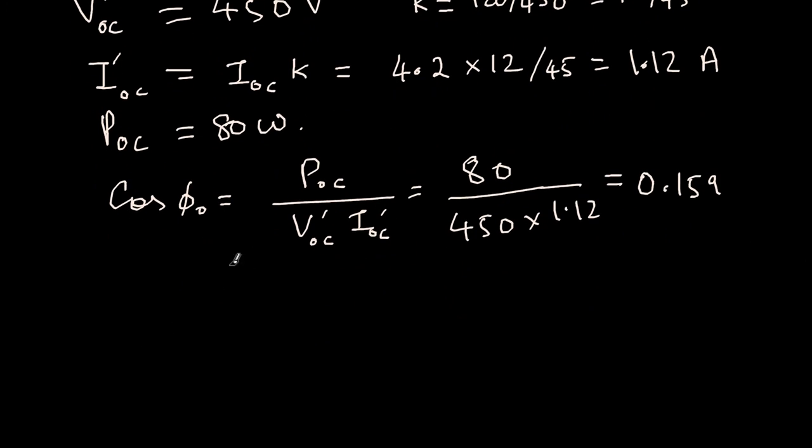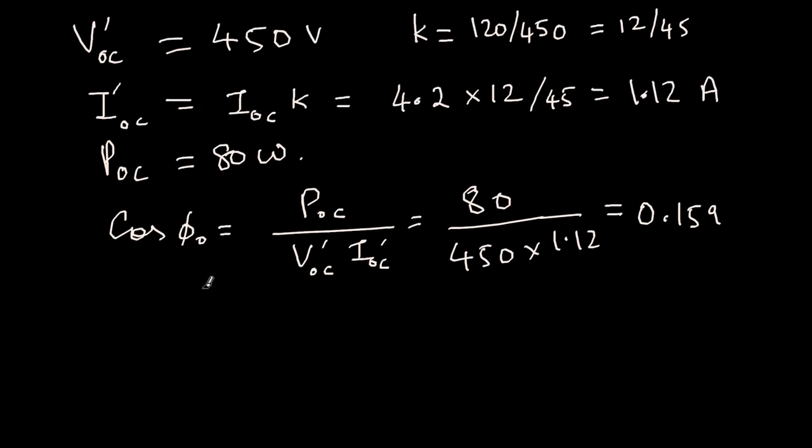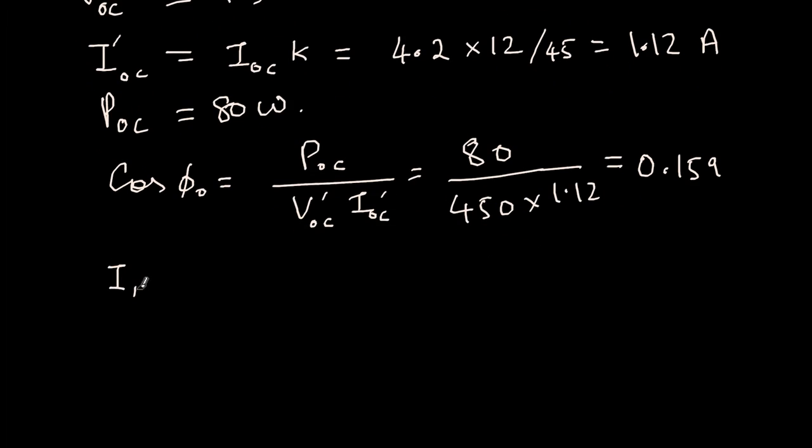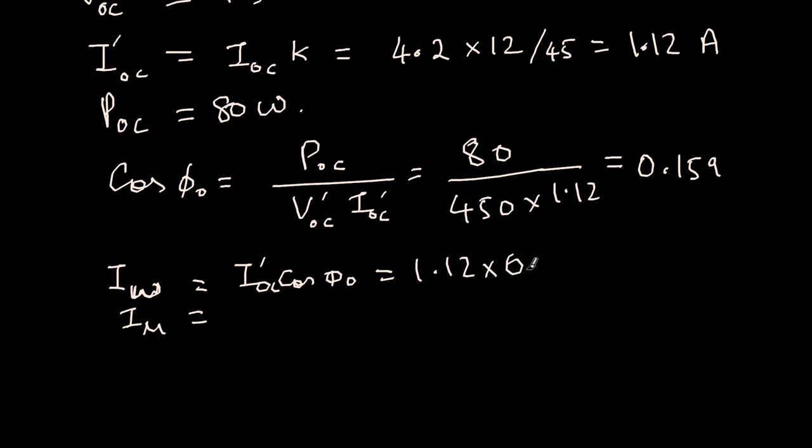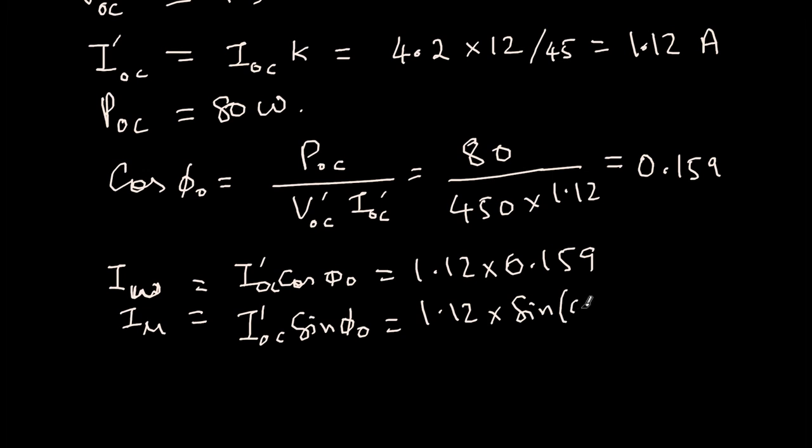So therefore, from this, I can find out what is my IW and I mu. So IW is I naught cos of phi naught. So I naught means that IOC dash that I have to use. So 1.12 into 0.159, and then I mu is IOC dash sine of phi naught. So 1.12 into sine of cos inverse of 0.159.